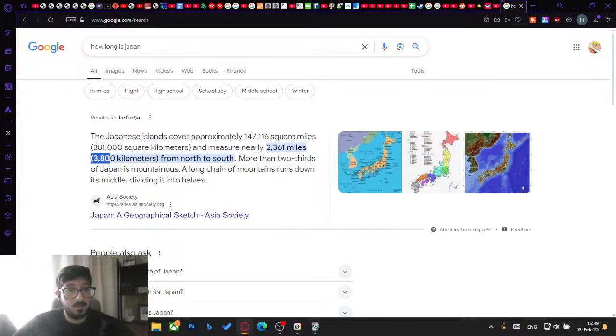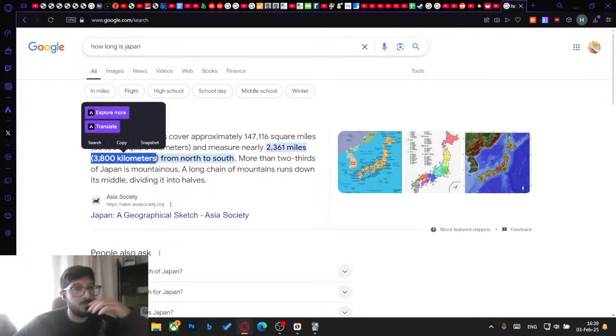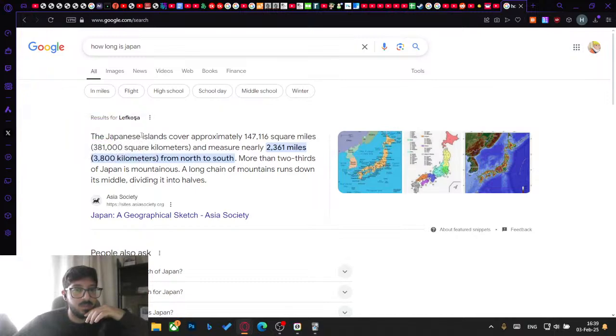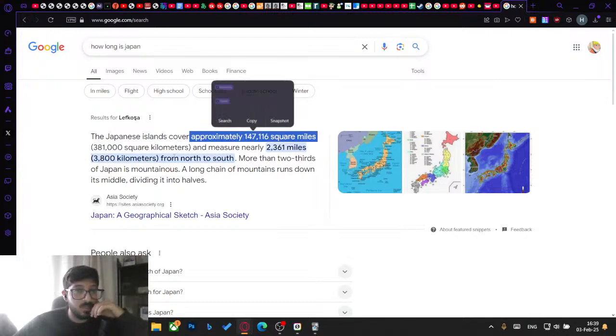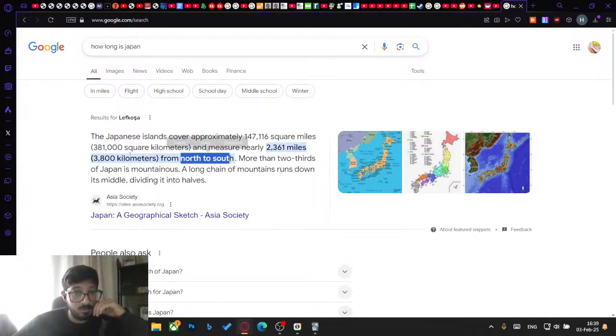The Japanese islands cover approximately 381 square kilometers, and from north to south it's 4,000 kilometers. Bro, 4,000 kilometers is a lot.